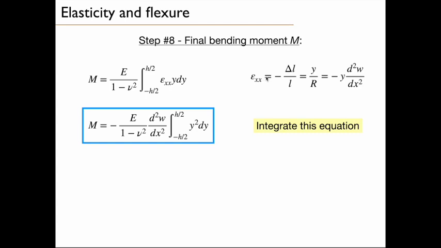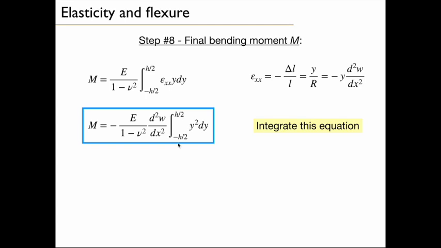So we use this now. We will substitute minus y d2w/dx squared into this expression. And this will lead to this expression. M is proportional to the integral of y squared over the plate.